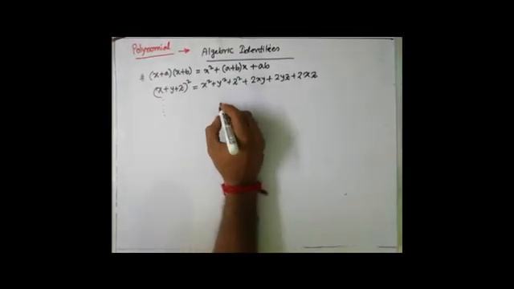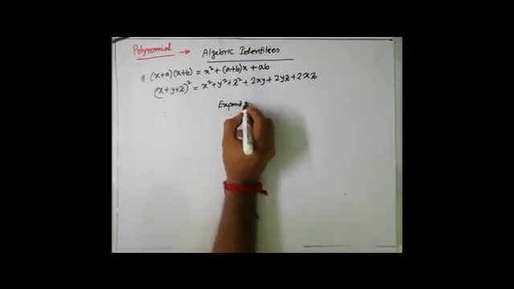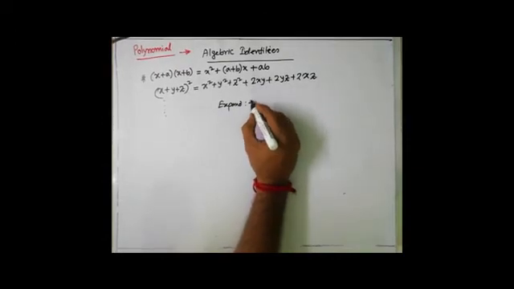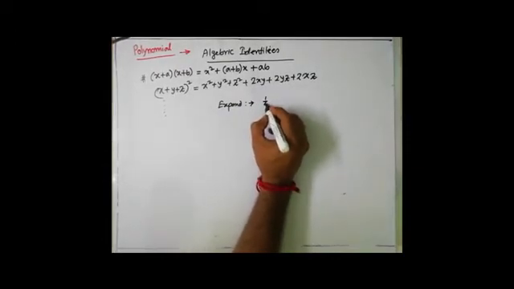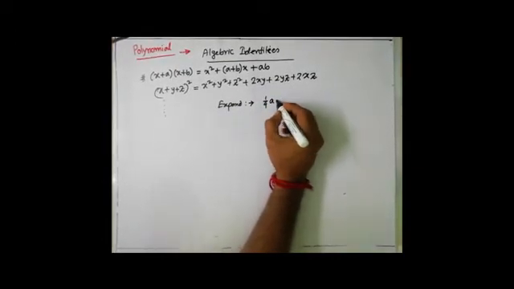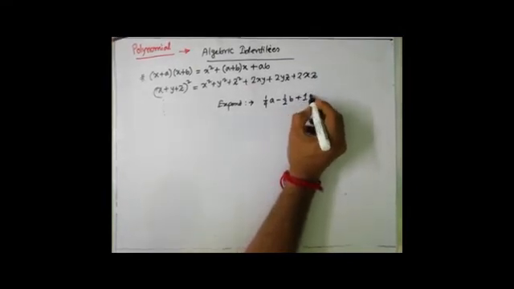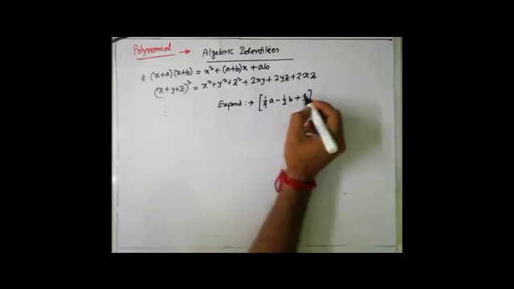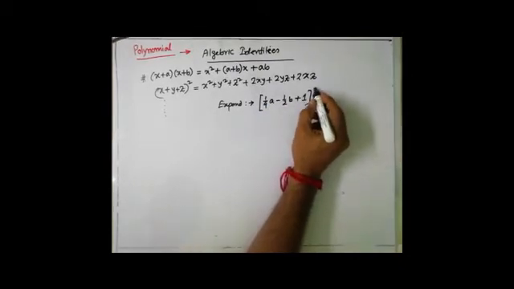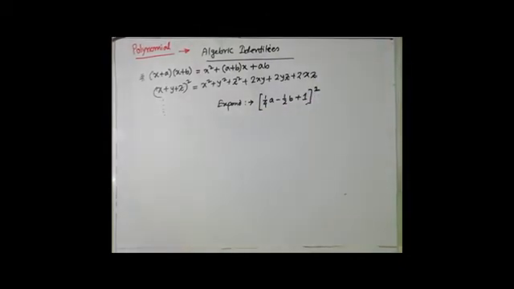One problem is like this: expand 1 by 4a minus 1 by 2b plus 1 whole square. Now you are asked to expand this expression.